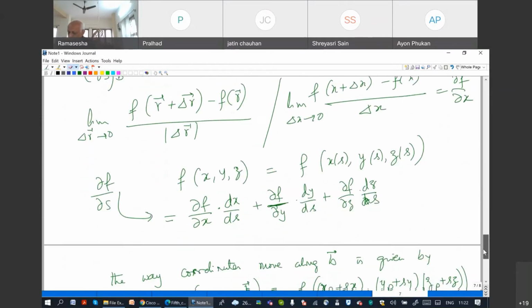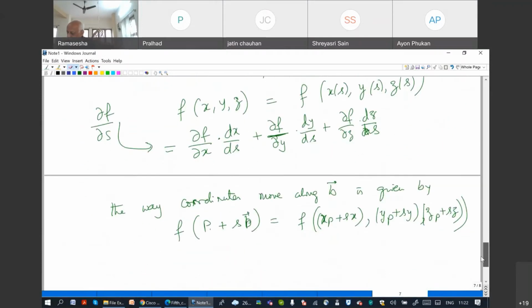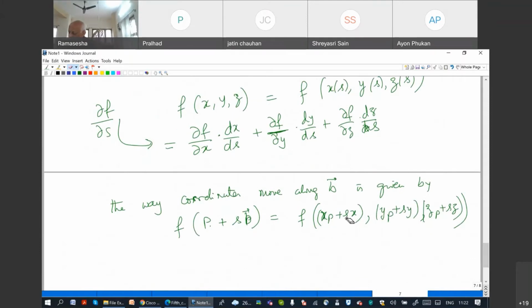So it's actually sx times along this thing B. That's how the vector is changing, because B is nothing but some s times the direction of the vector. Is it clear?